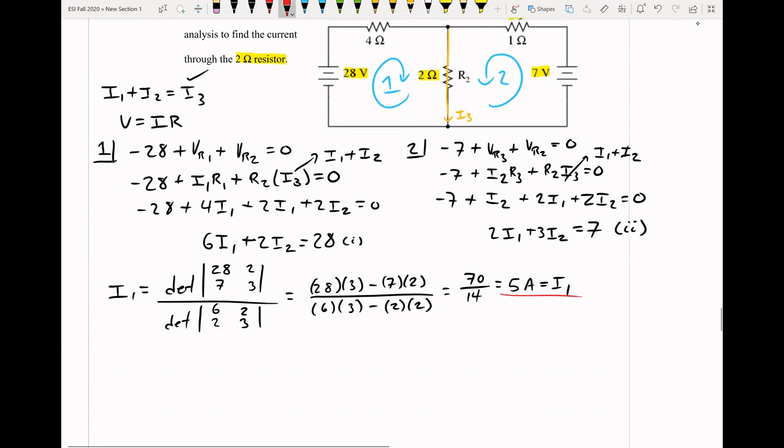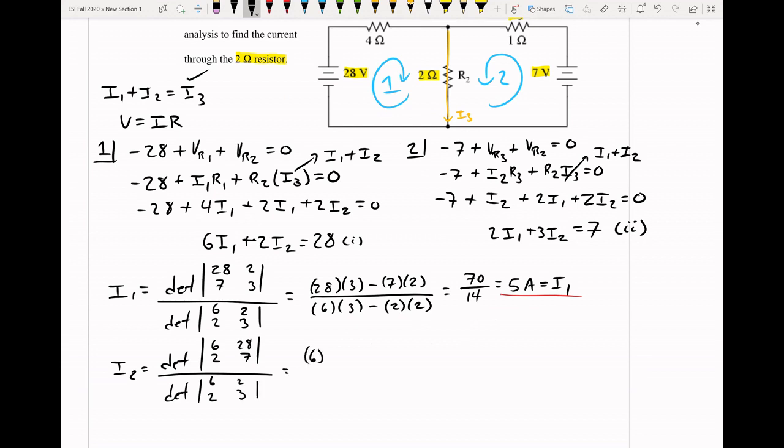If we scroll down a little bit and do the same process for I2, determinant, and we'll do 6, 2, 28, 7 over determinant 6, 2, 2, and then 3.